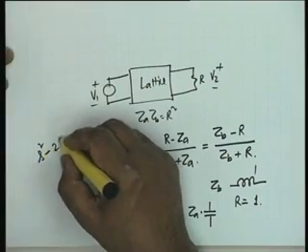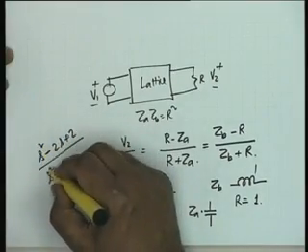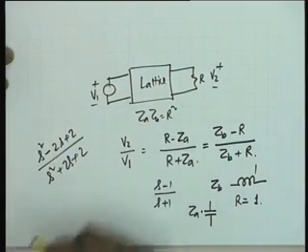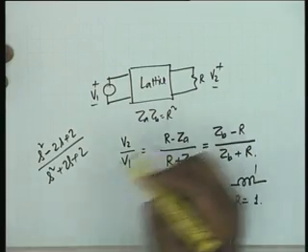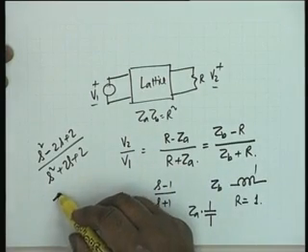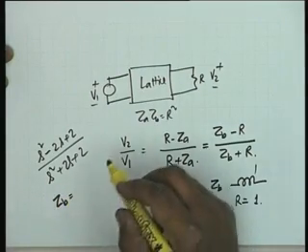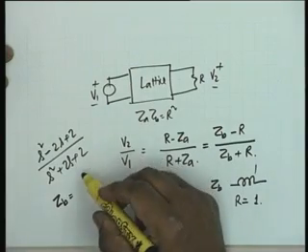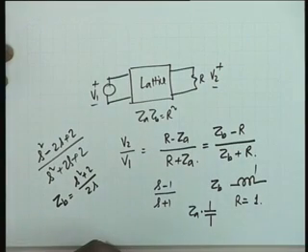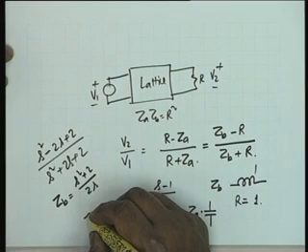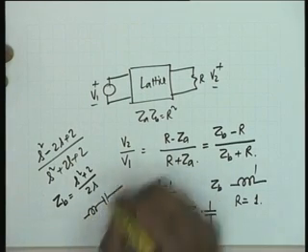Similarly, if your function was s squared minus 2s plus 2 divided by s squared plus 2s plus 2, what would be your ZB and what would be your ZA? Would you believe ZB would be s squared plus 2 divided by 2s? Agreed? Which is a series combination of an inductor and a capacitor.